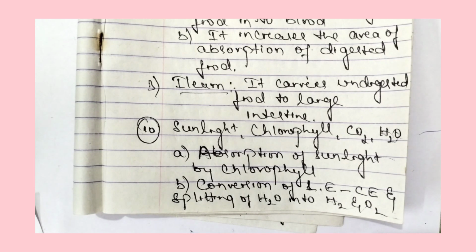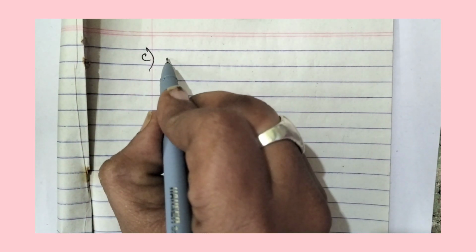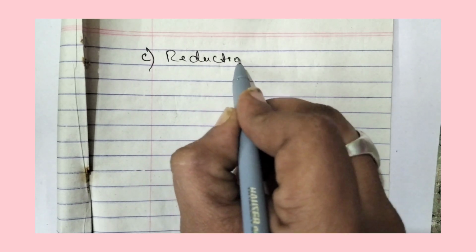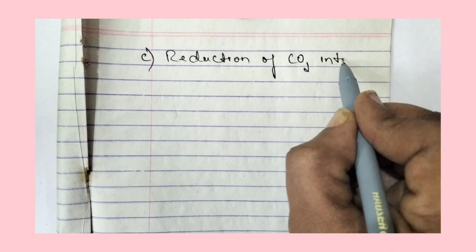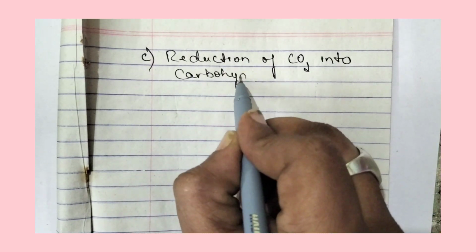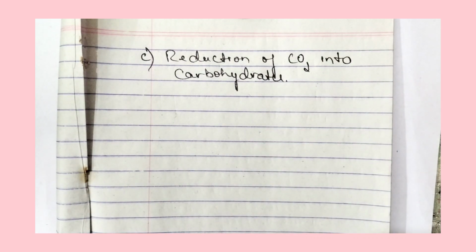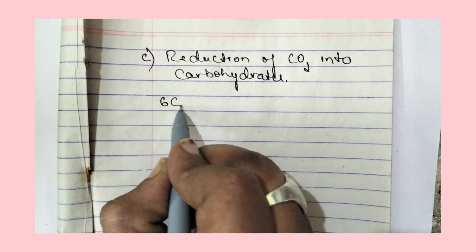And the third event is reduction of carbon dioxide into carbohydrates. So these are the events that occur during photosynthesis. Now let us write the balanced chemical equation.